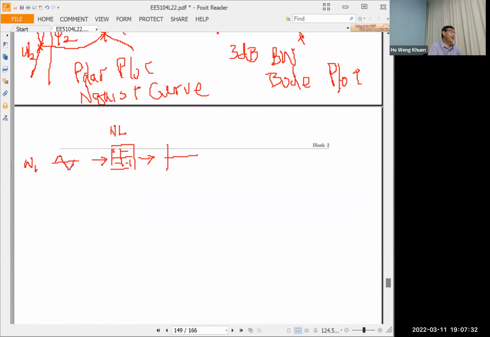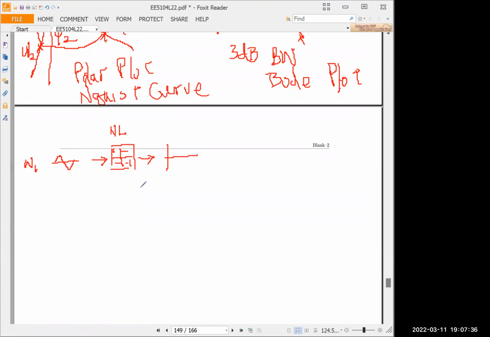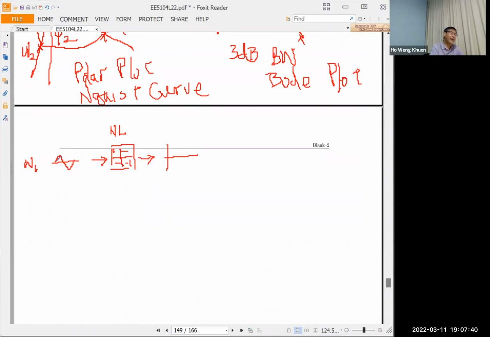It's a very easy answer. A square wave. Yes, a square wave. From here to here is positive, so the output will be 1. Then from here to here is negative, so the output will be minus 1.